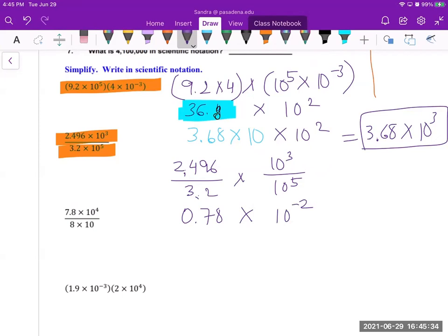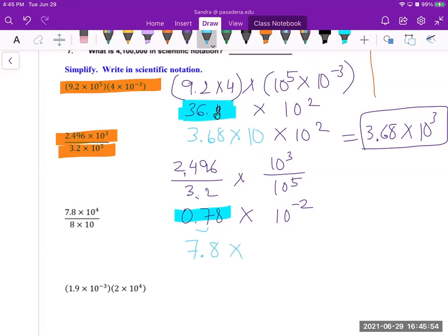Okay. One more time, this number in here is not in scientific notation. In order for that number to be in scientific notation, that number has to be a number between 1 and 10. So in this case, I'm going to move the decimal point to 7.8.